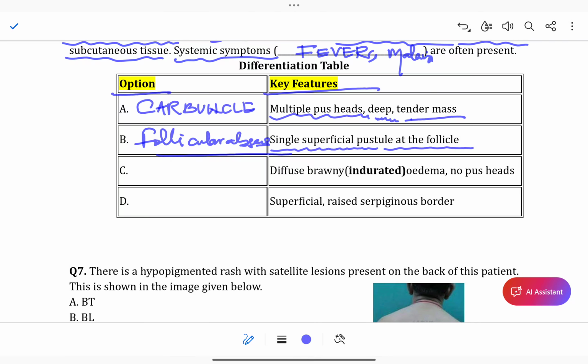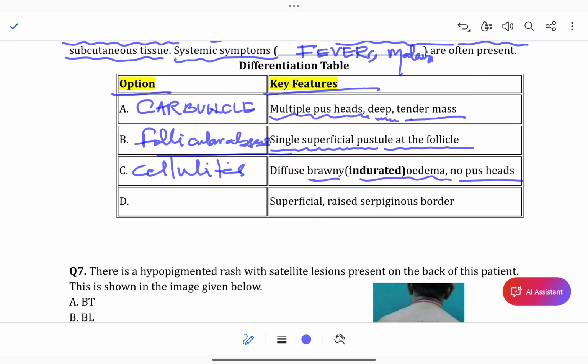Maybe the same question will not come in the exam. Diffuse brawny, indurated edema, no pus heads. So option C is cellulitis. What is the definition of cellulitis? The definition of cellulitis is diffuse brawny, indurated edema, no pus heads.